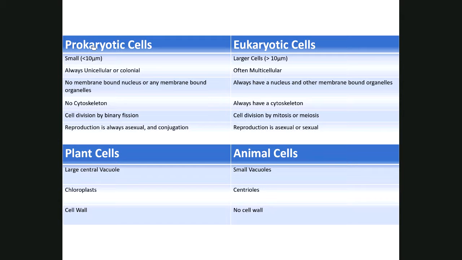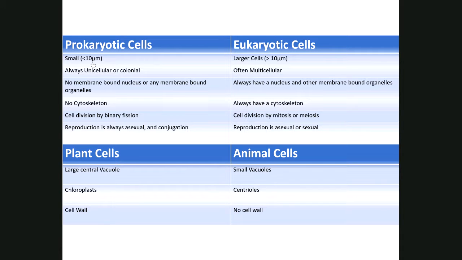Prokaryotic cells are almost always unicellular, and sometimes they're colonial, but colonial doesn't mean multicellular. Colonial means just a bunch of independent cells working together. Eukaryotic cells are multicellular. Example one would be you, right? You're a multicellular organism.